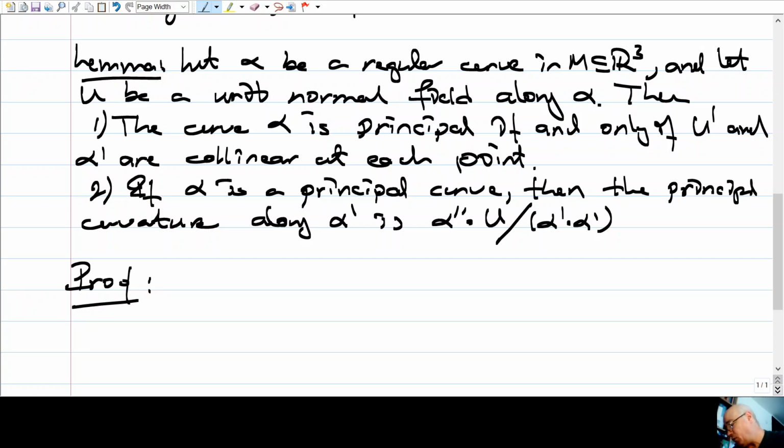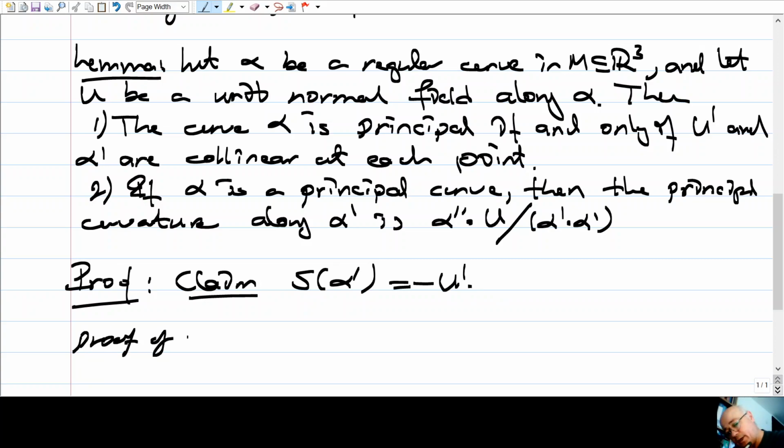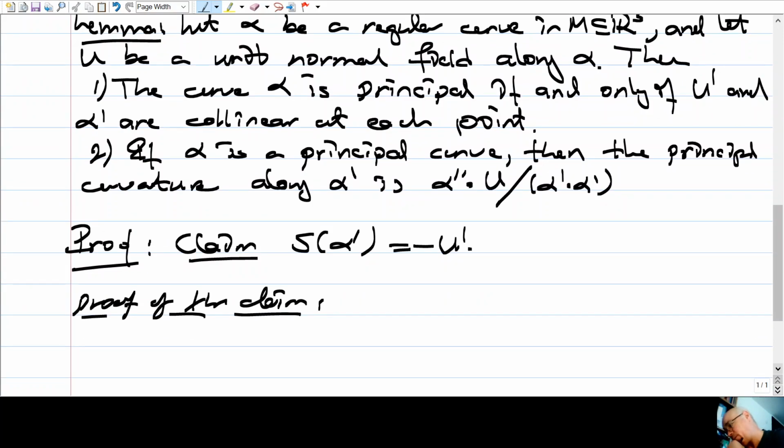Well, first of all, note the following. The shape operator evaluated at alpha prime is minus U prime. Why is that? Let's see the proof of this claim. This is something actually trivial. It just follows from the definition.